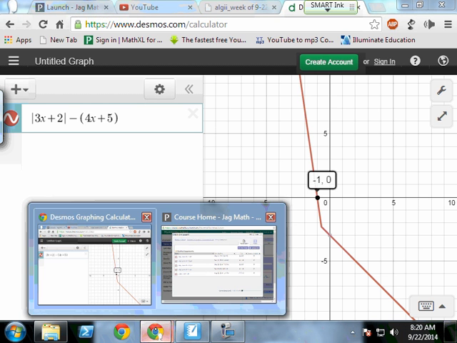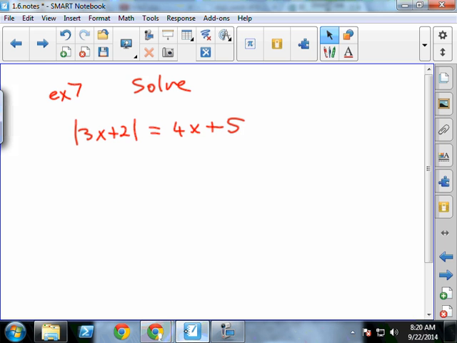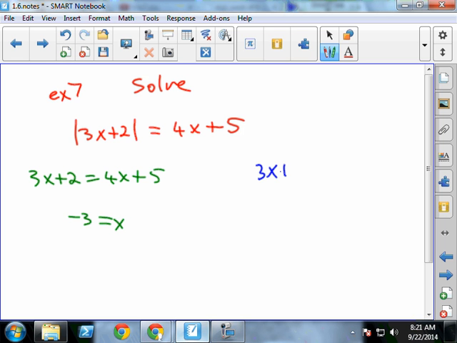Algebraically, let's check it out and see what happens, because it's worth checking out. We're going to say that 3x plus 2 is 4x plus 5, and so we get x equals -3. I did a lot of algebra there. And then we're also going to say that 3x plus 2 equals, well, no, it doesn't equal 4x plus 5. 3x plus 2 equals negative the quantity of 4x plus 5.